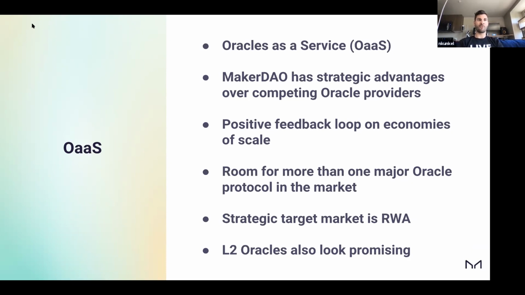Now with that, I want to start talking about the strategic direction that we want to take for Oracle's as a product. I think that trying to compete with external Oracle protocols that are significantly better funded than us in a direct way is probably not the best way to go about it, because it really quickly becomes a battle of attrition.